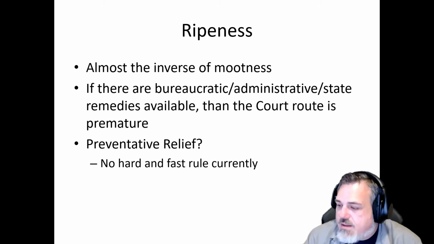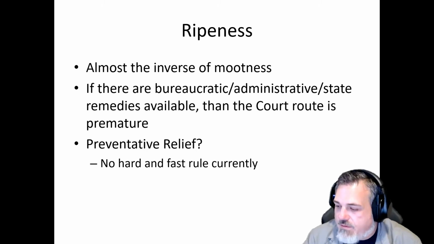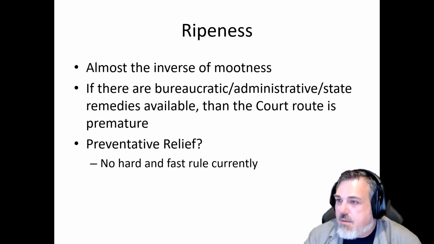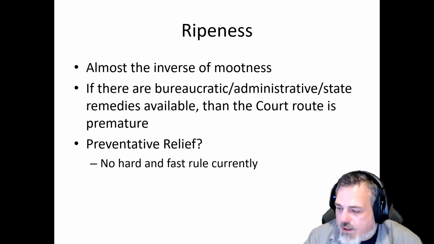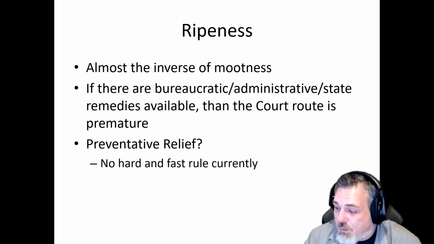There are some cases where you can ask courts for preventative relief, meaning that if this law is enforced as intended, my rights will be irrevocably harmed. There's no real hard and fast rule with regard to how courts handle preventative relief.